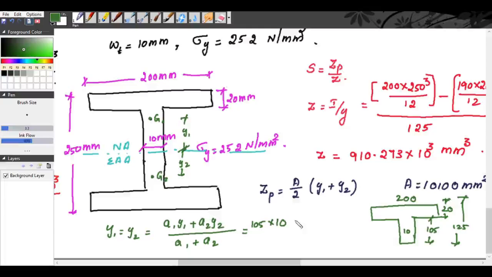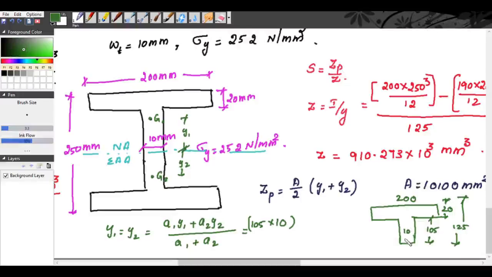So 105 into 10 plus A2 is 200 into 20. So A1 is 105 into 10 into Y1. How much is Y1 here?